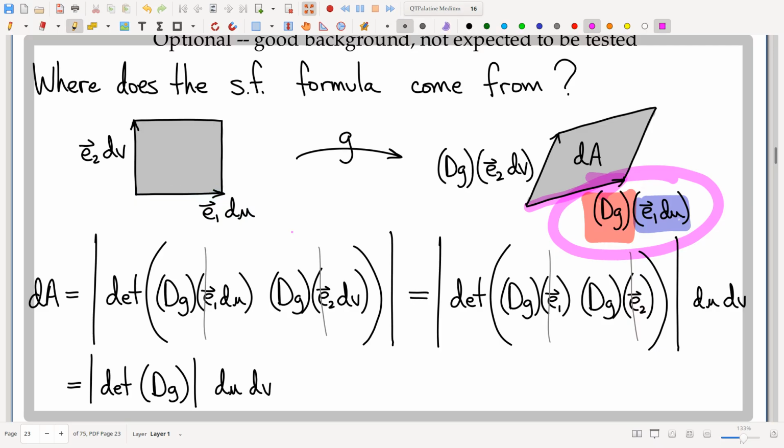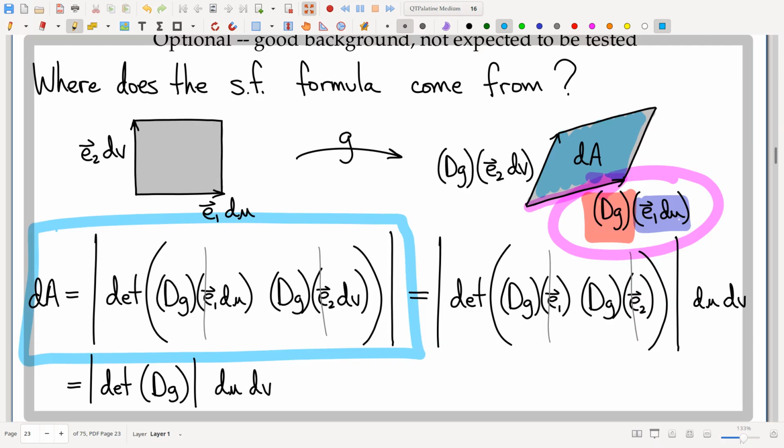Once we have that figured out, it's kind of all over. We want to compute the area of a parallelogram in 2 dimensions. Absolute value of a determinant. That's just chapter 1, Math 219, what have you, formula for the area of a parallelogram.